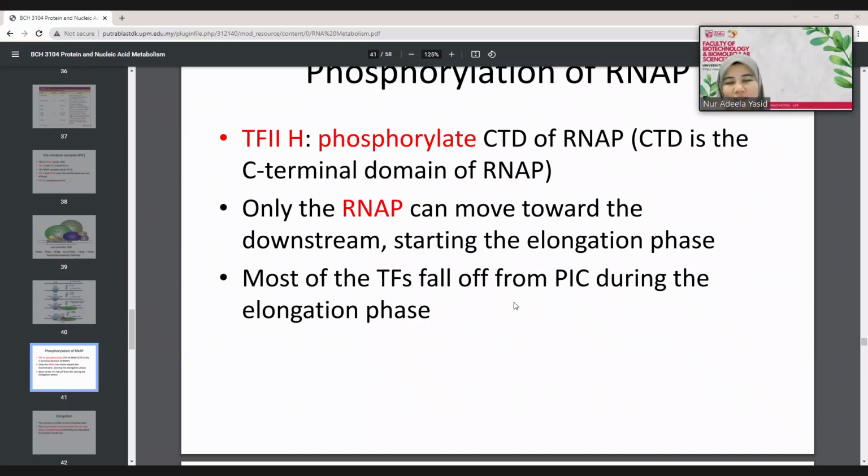Because now we only want RNA polymerase to move towards the elongation phase for the synthesis of mRNA. We don't want all those many transcription factors. So once we form the pre-initiation complex, you need to undergo this phosphorylation of RNAP to remove all the factors. Okay, alright.